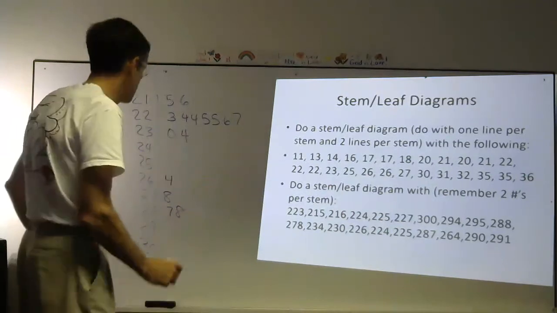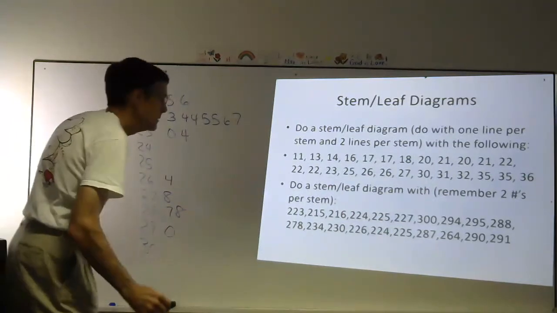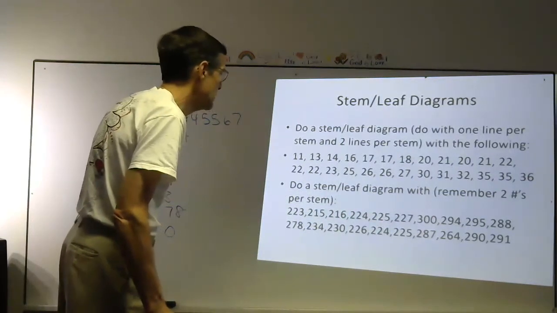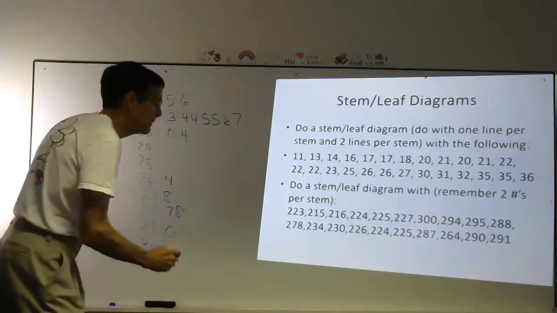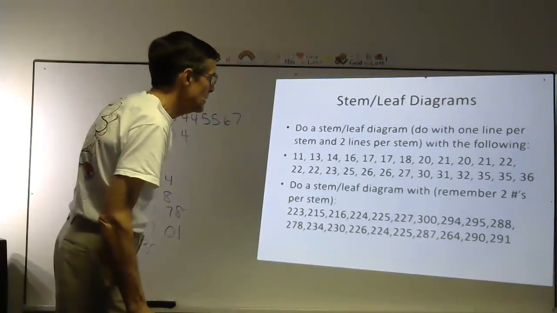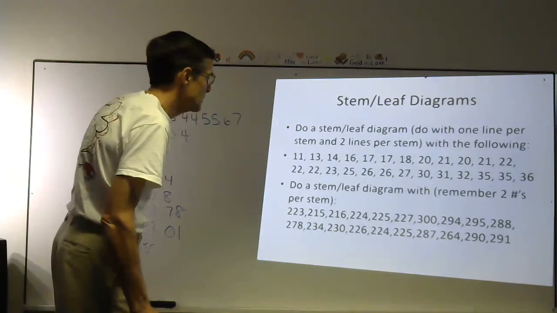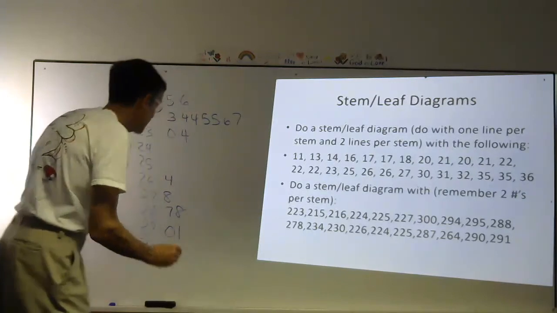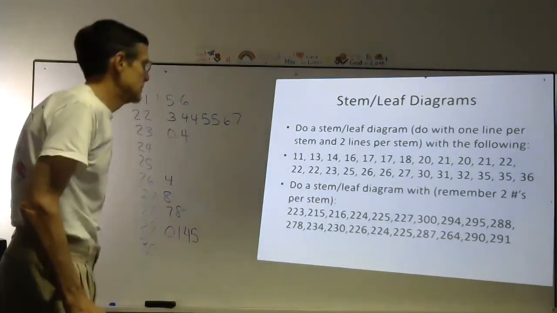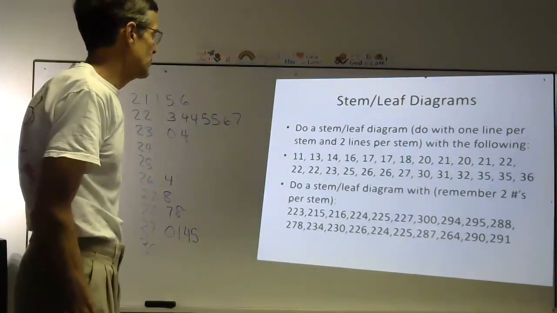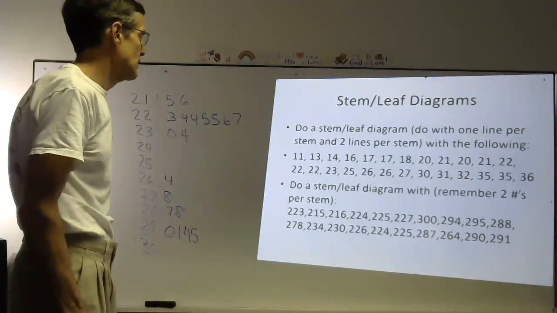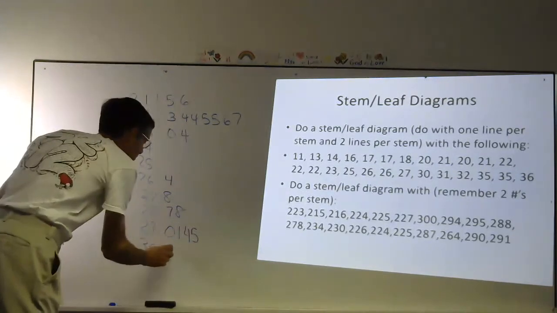I have a 290, a 291, and only one of those. I have a 294 and 295. Is that it? I think so. And a 300. I only have one of those.